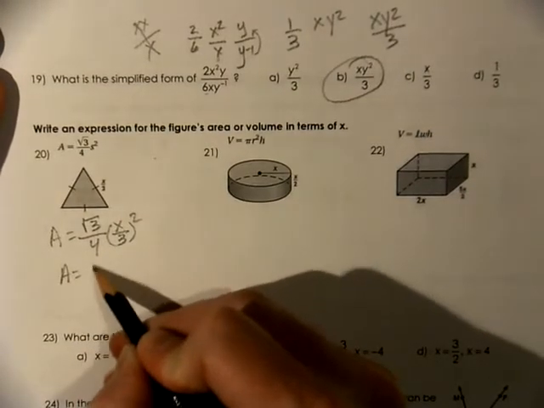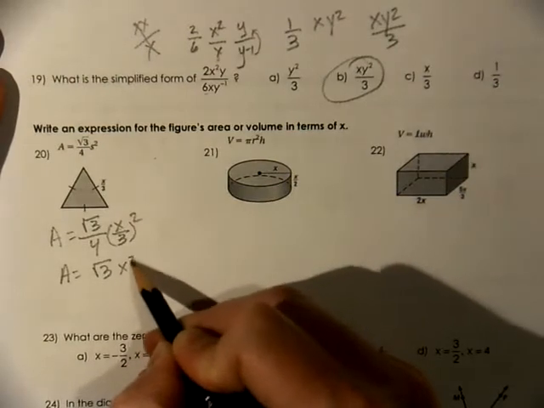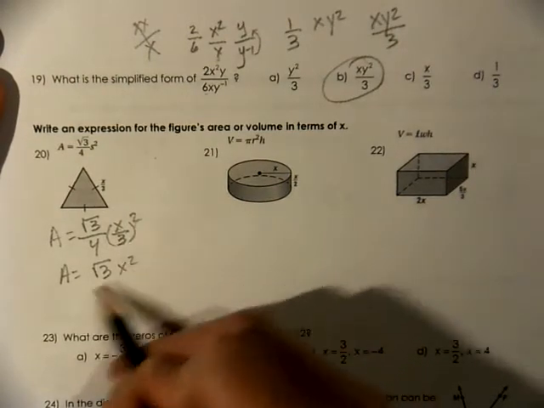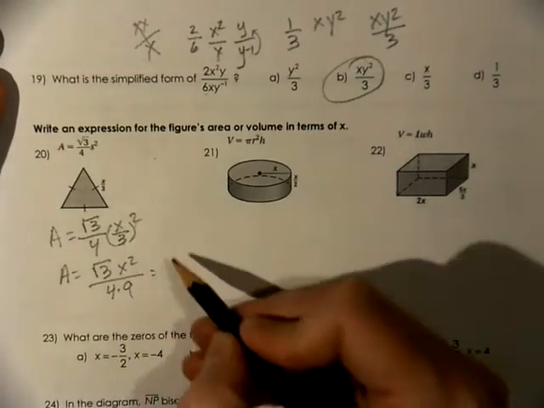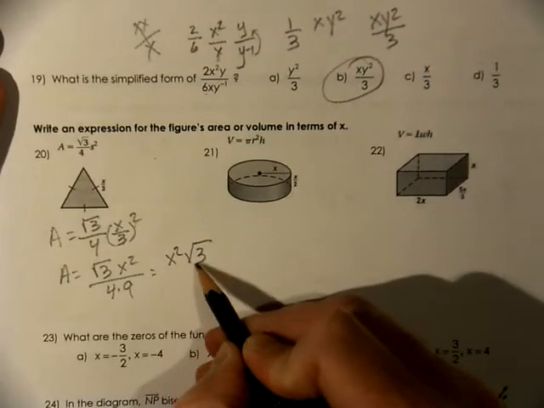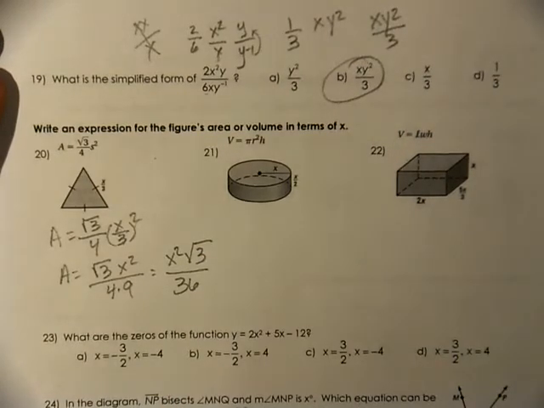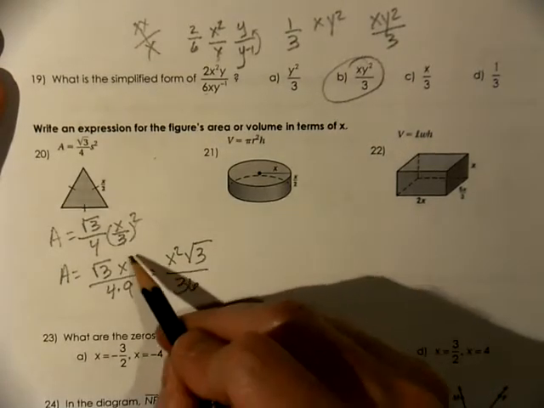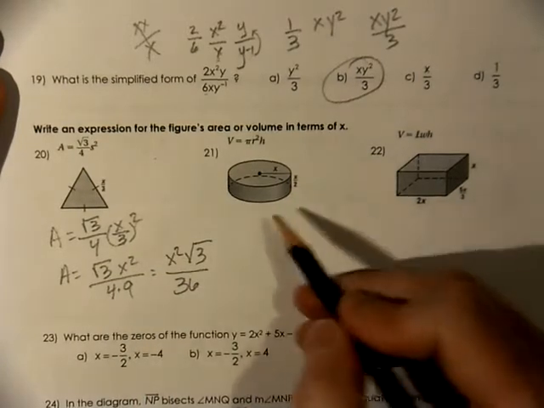Well, we're going to square the x. We're going to square the 3. So that's going to give us x squared root 3 over 36. I always like to put the radical last and put your values in front of the radical.